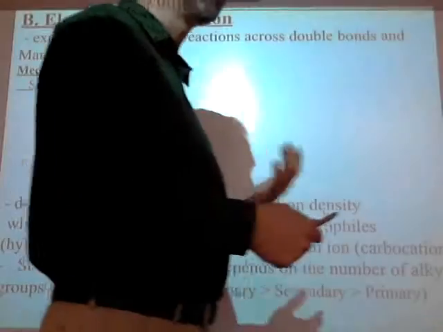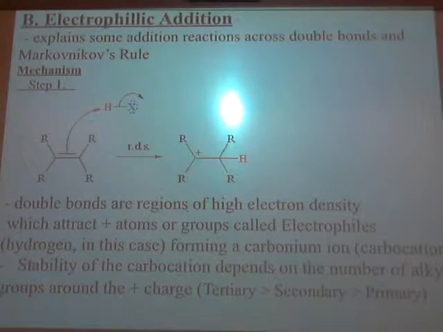Tertiary is the best. That can disperse the charge best, stabilize it best. Secondary, then primary. So that positive charge is going to want to be formed on the most substituted carbon.